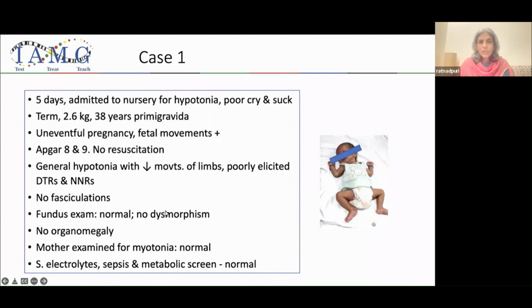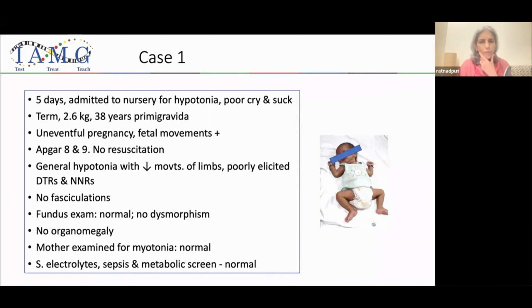On examination, there was generalized hypotonia. The spontaneous movements of the limbs were decreased, and the reflexes, as well as the neonatal reflexes, were poorly elicited. There were no fasciculations like we want to see for spinal muscular atrophy. The fundus examination was normal.